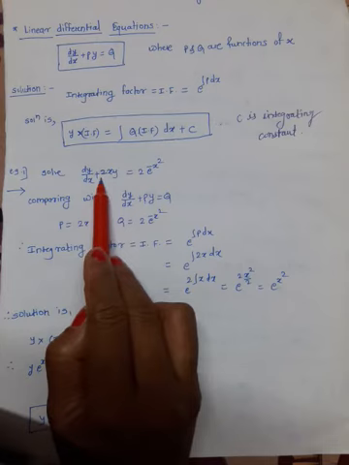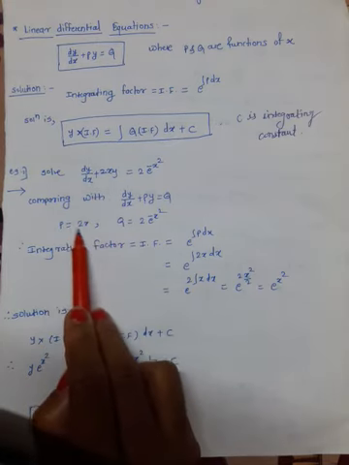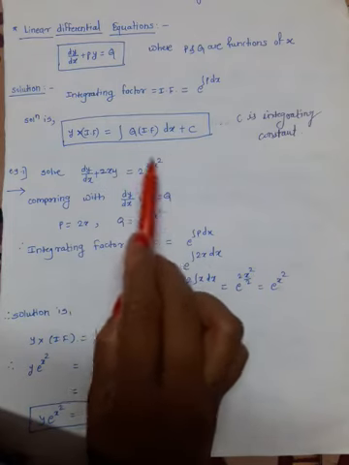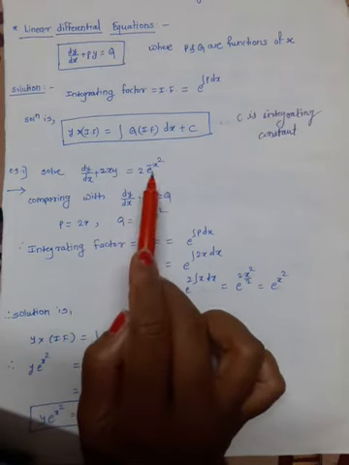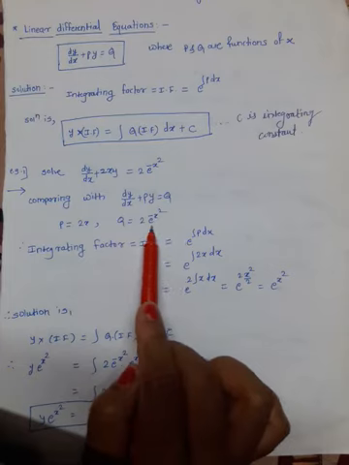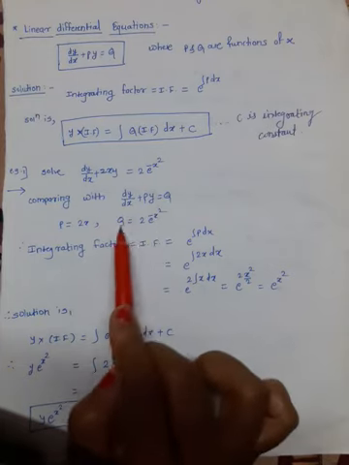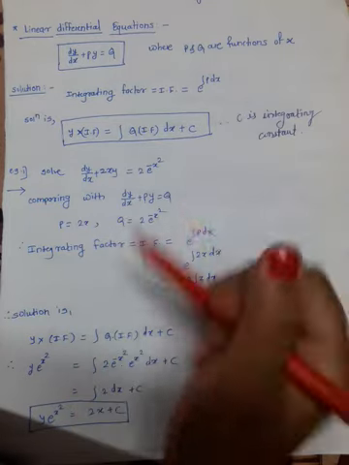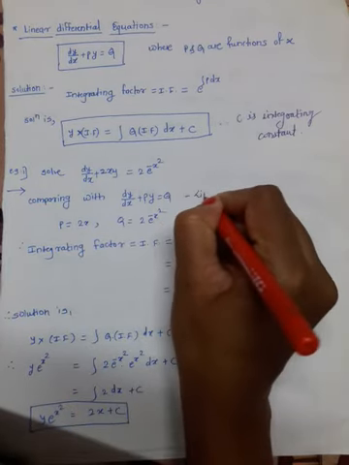Here it is 2x, so p is 2x, and q is on the RHS, including the sign and constants: q is 2 e raised to minus x square. After finding p and q, we first find the integrating factor of this linear differential equation.